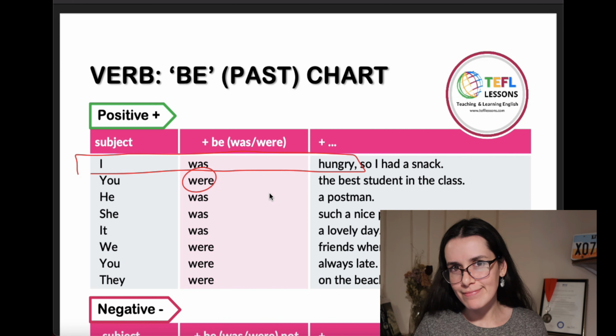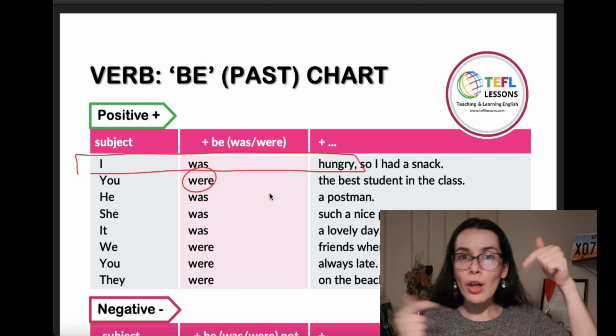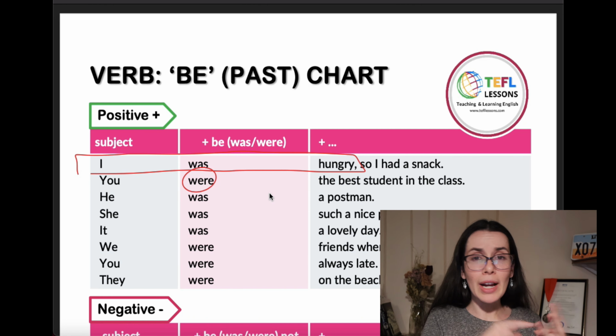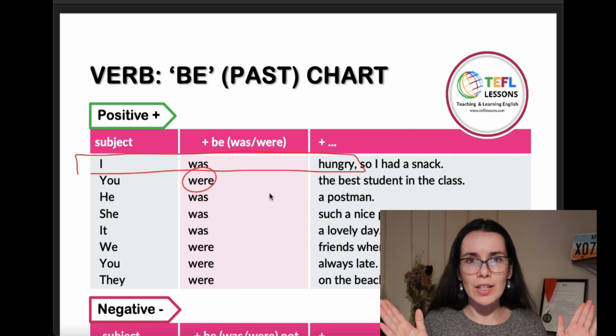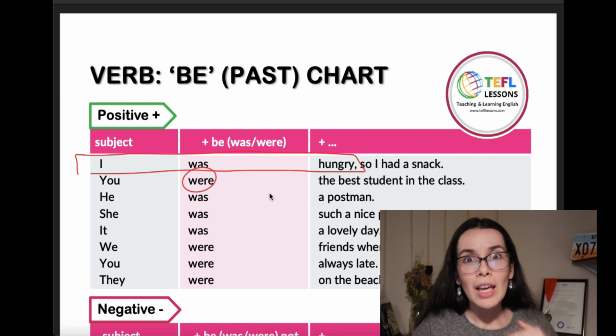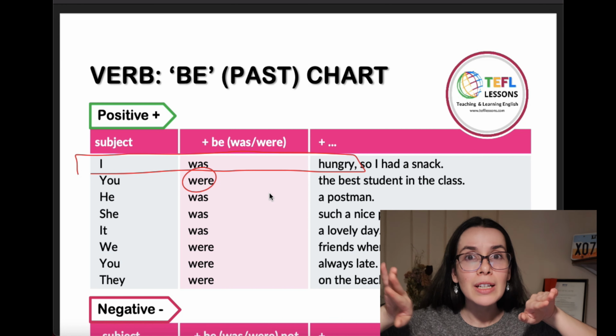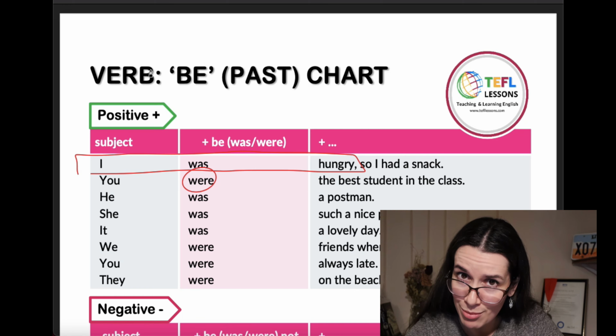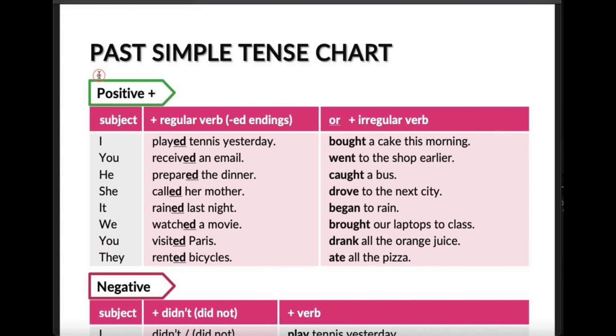Now, what about with the other verbs like work, run, write, cook, etc.? How do you conjugate them? And remember, they're separated because they're not the same. Positive form, this. Then we must be careful if our verb is either a regular verb or an irregular verb.